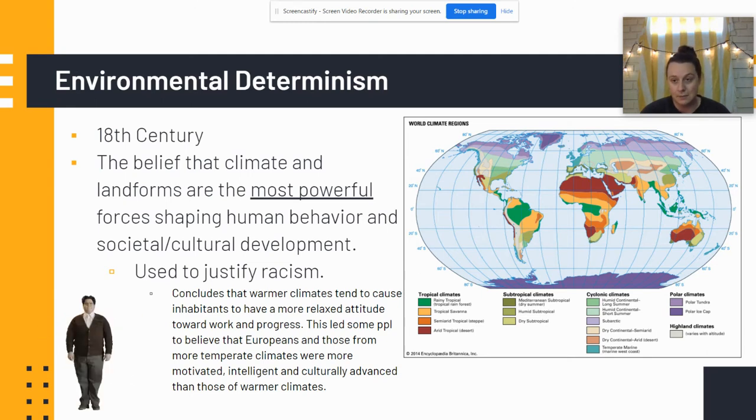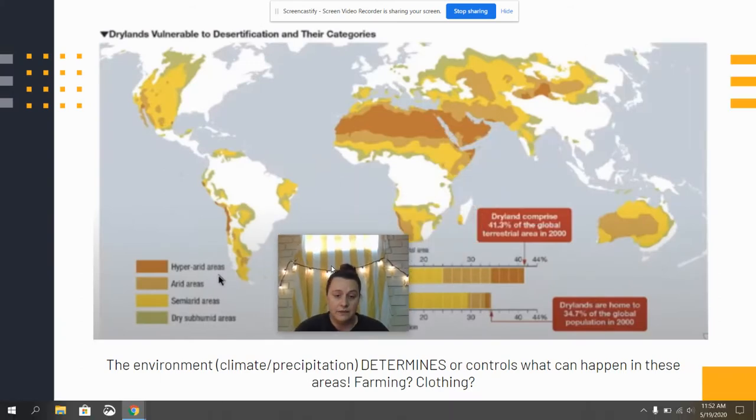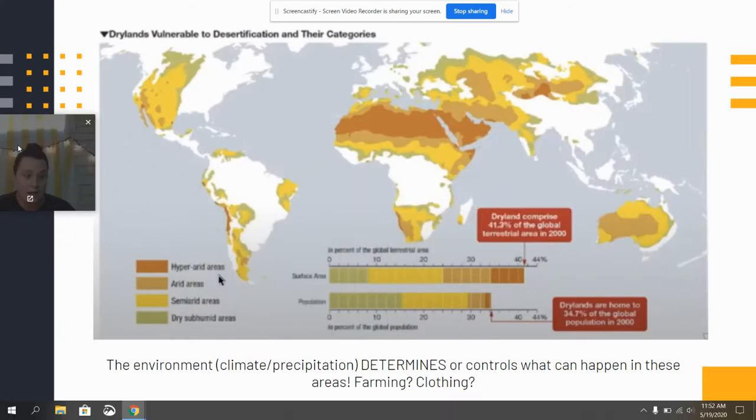It's not because the people are relaxed or have bad attitudes or are unintelligent. Here's another example of environmental determinism, and this is going to be a more legitimate example.